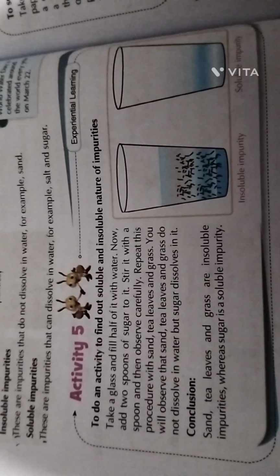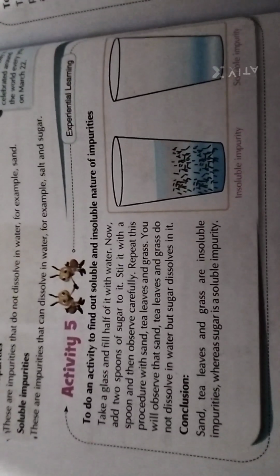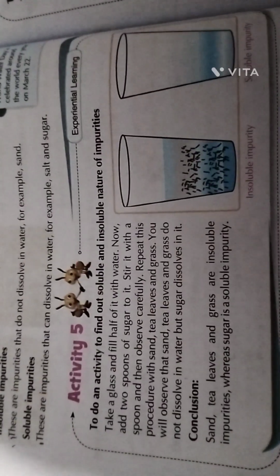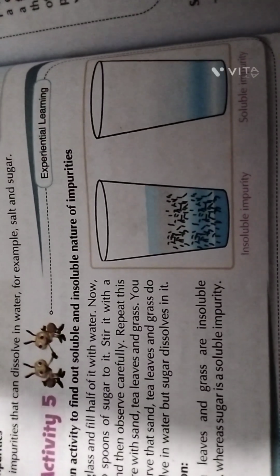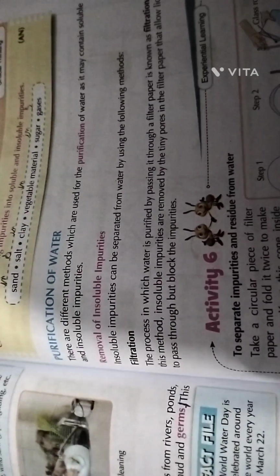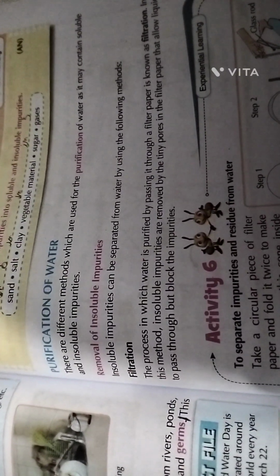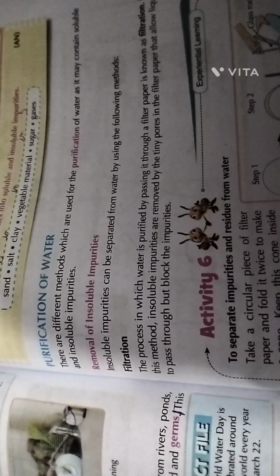Conclusion: sand, tea leaves, and grass are insoluble impurities, whereas sugar is a soluble impurity. Purification of water: there are different methods used for the purification of water, as it may contain soluble and insoluble impurities.